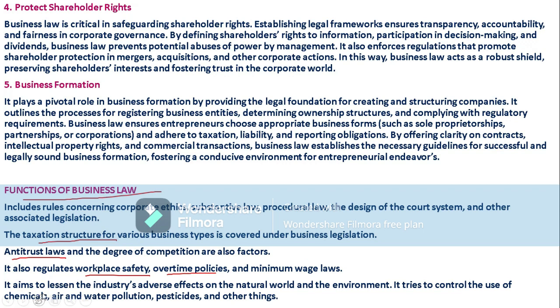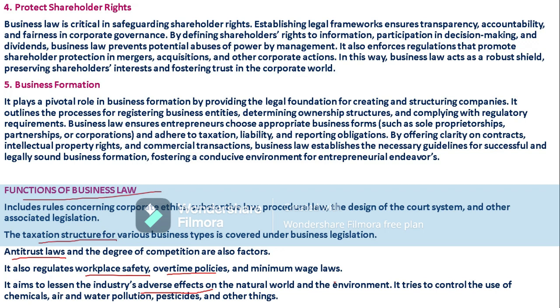Likewise, it aims to lessen the industry's adverse effect on the natural world, regarding the environment. We have different pollution control laws and environmental laws. Why? Because companies have to work with chemicals relating to their products.